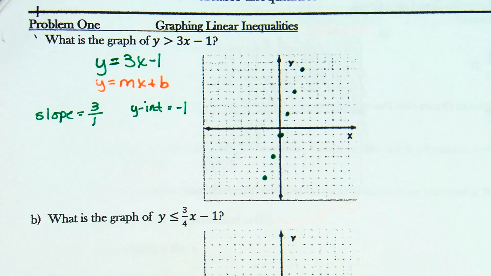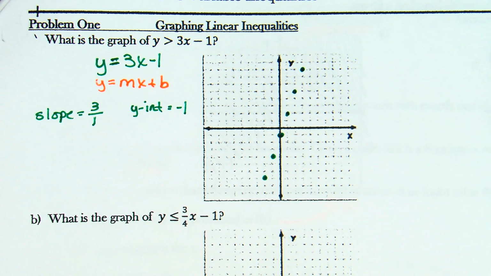Okay, two big questions to finish this off. The first question is, what type of line do I use to connect these dots? Your options are a solid line or a dashed line. I want to say solid line. And why do you want to say solid line? It's not a greater than or equal to. Okay, reverse that thinking then. It's a dotted line.